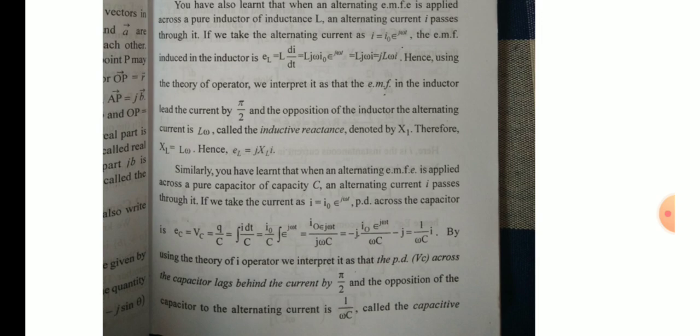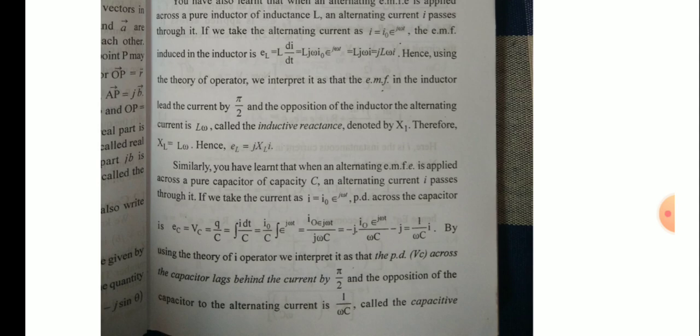Similarly, we have learned that when an alternating EMF E is applied across a pure capacitor of capacity C, an alternating current I passes through it. If we take the current I = I0 e^(j omega t), the potential difference across the capacitor is VC = Q divided by C, the integral of I dt divided by C, which gives I0 e^(j omega t) terms.